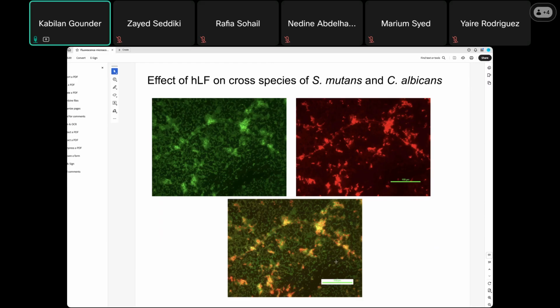So this also reflects that with the dual species, you can prevent the growth of Streptococcus mutans as well as Candida albicans. So with this, we can complete this today.